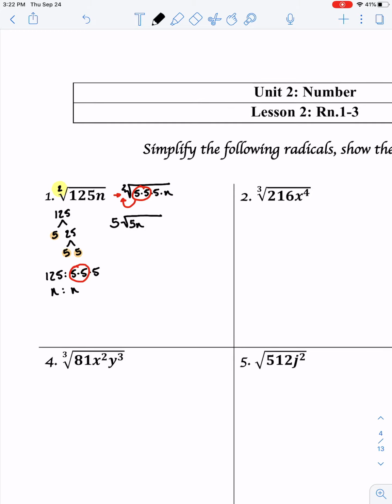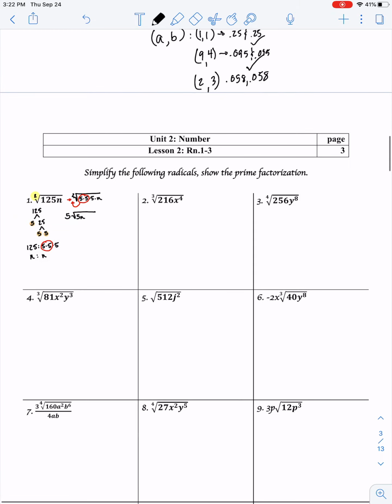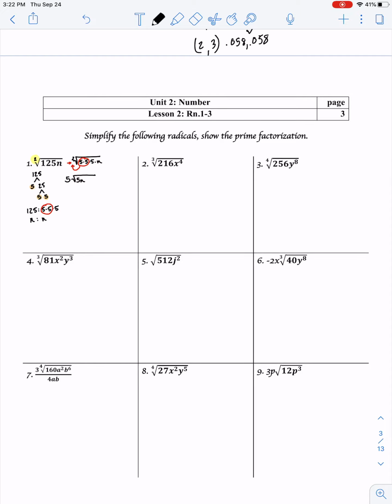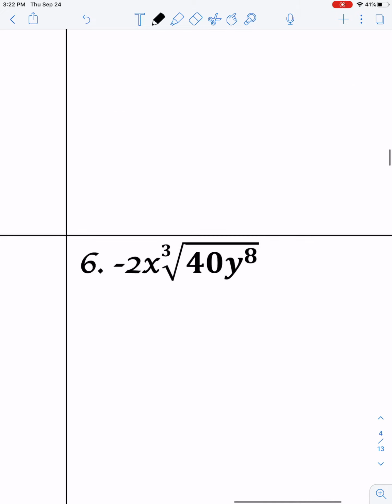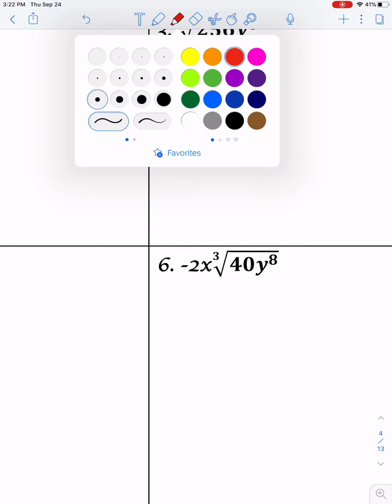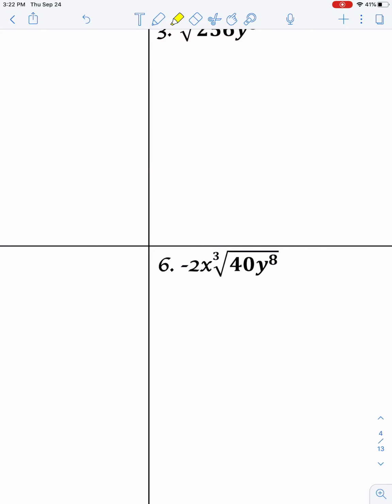I'm going to do one just a little bit more complicated with 2 variables. I lied, not with 2 variables, but we'll do something with the numbers outside. Again, same process. Find my index.